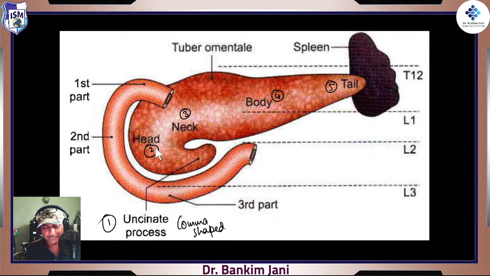And then there is a small prominence, the tuber omentale, a tuberosity sort of thing, an eminence on that structure. The rest goes into the hilum of the spleen, and everything is well known to you.